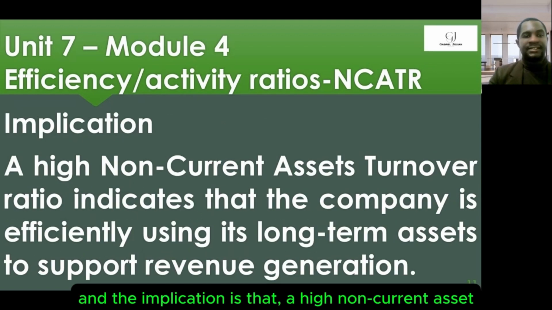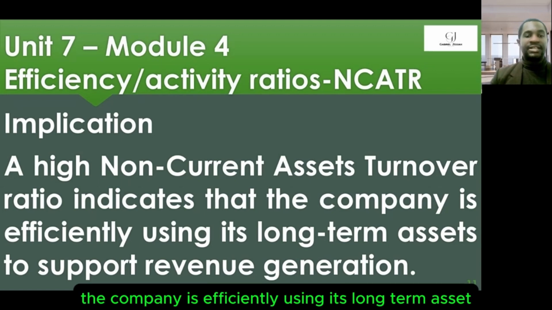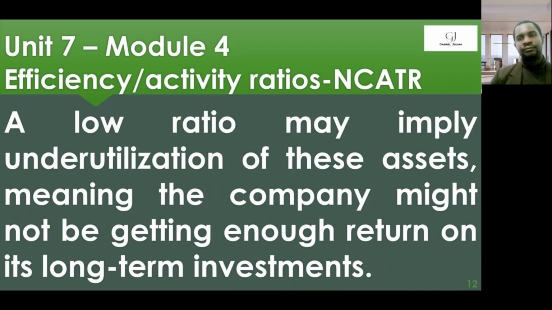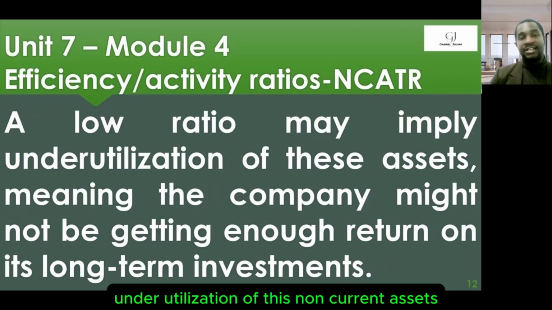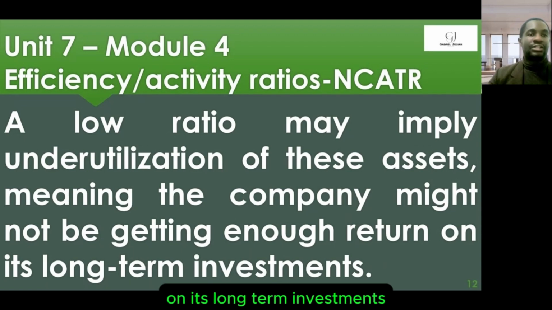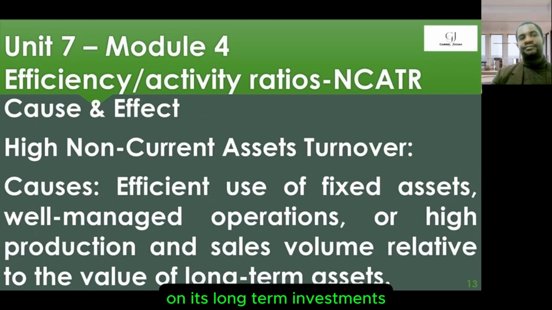And the implication is that a high non-current asset turnover indicates the company is efficiently using its long-term assets to support revenue generation year in, year out. A low one implies underutilization of these non-current assets, meaning the company might not be getting enough return on its long-term investments.